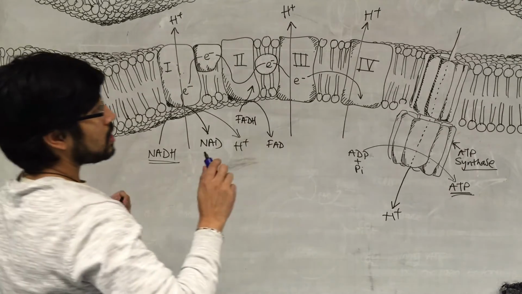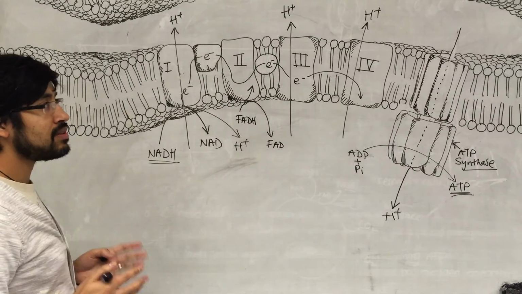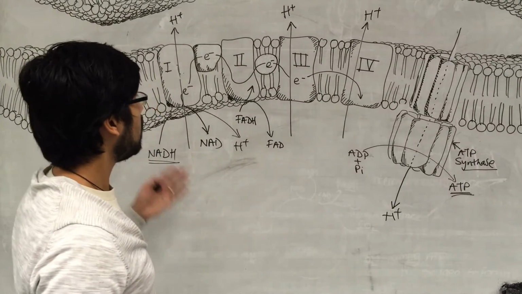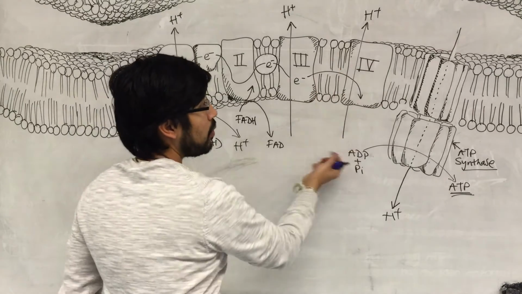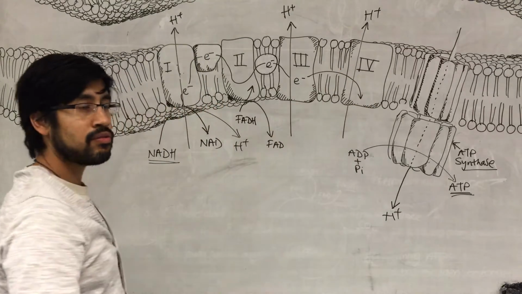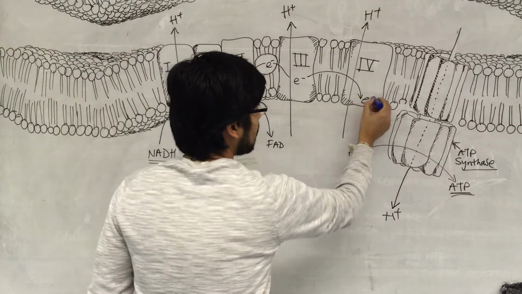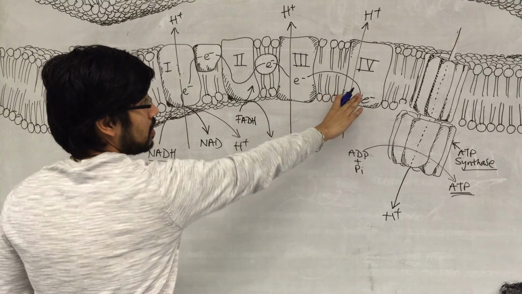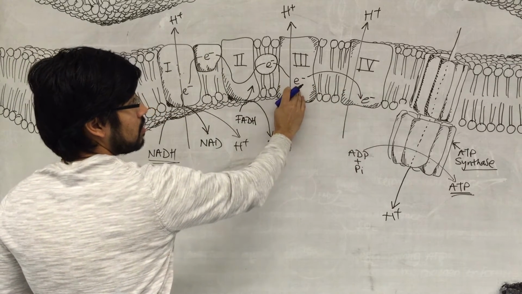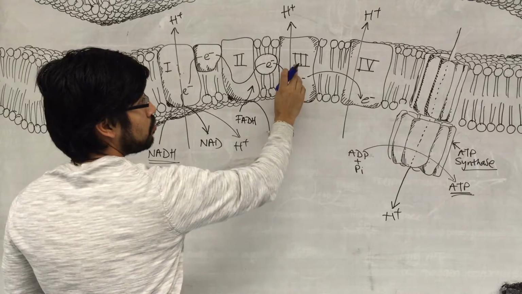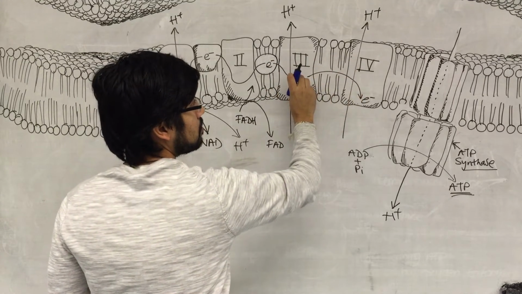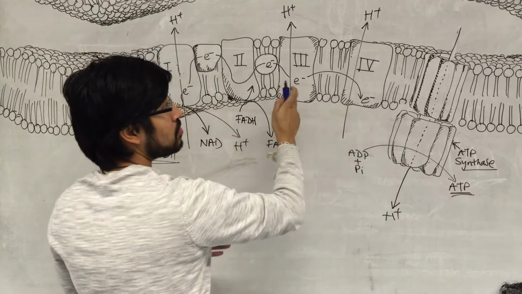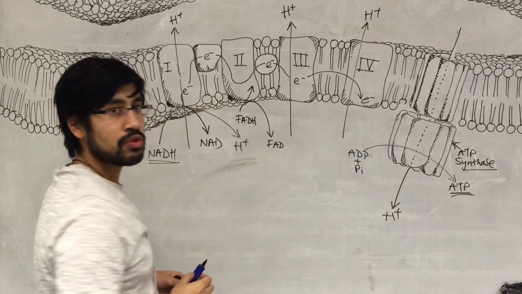Now, what happens to these electrons? Okay? This chain will only work if there's something taking away electrons from complex 4. If this electron stays there, then this protein or this electron carrier won't have another electron carrier to pass its electron to.